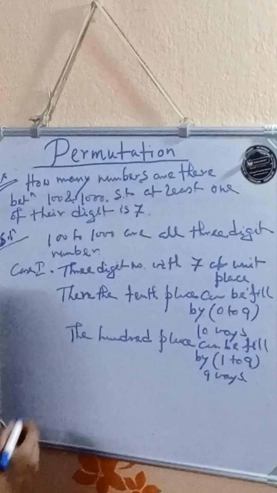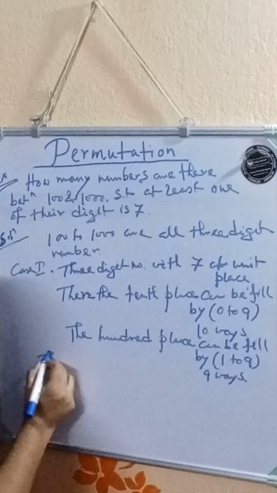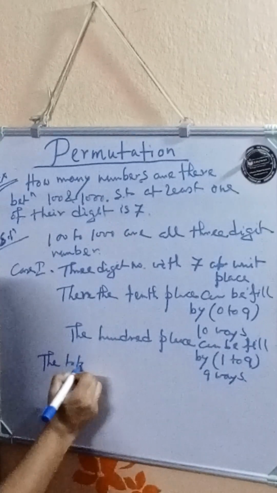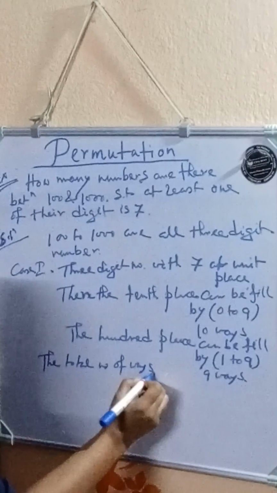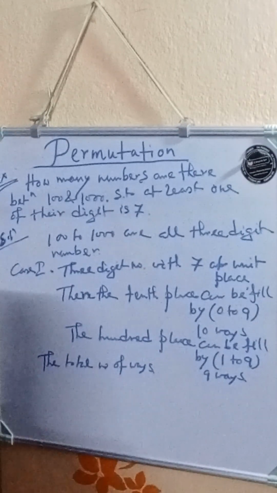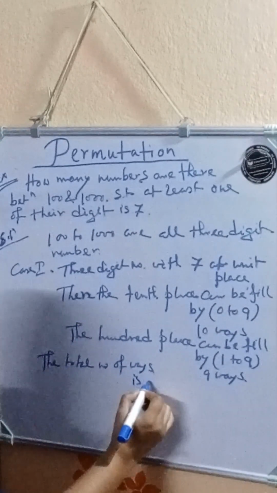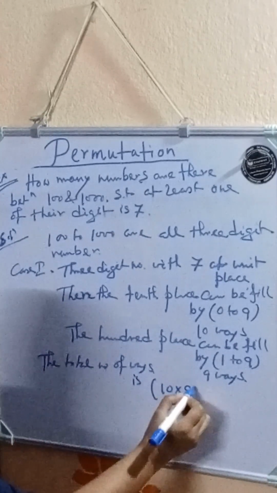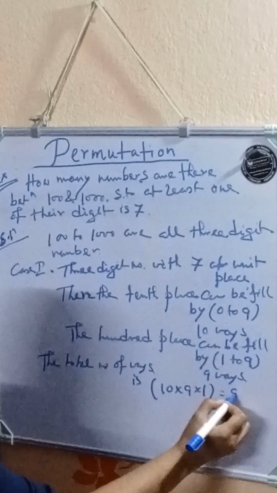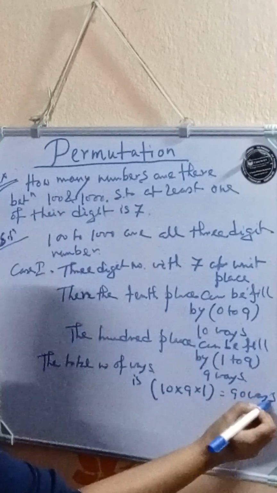Now the total number of ways is 10 into 9 into 1 equals 90 ways.